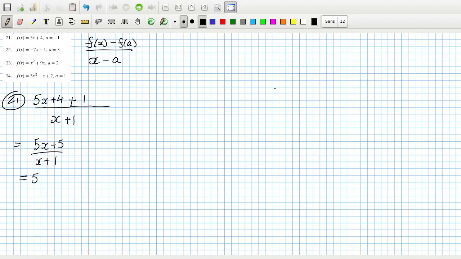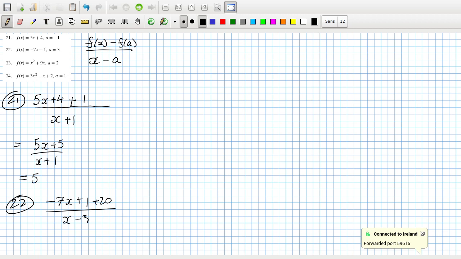Okay. Let's see how we get on. 22: minus 7x plus 1 minus f of 3. So that would be minus 21 plus 1 is minus 20 plus 20 all over x minus 3.